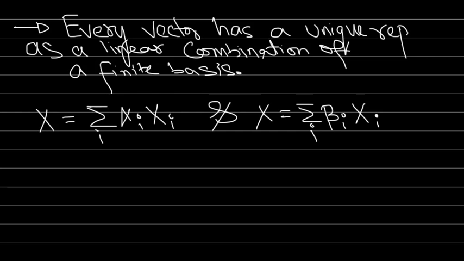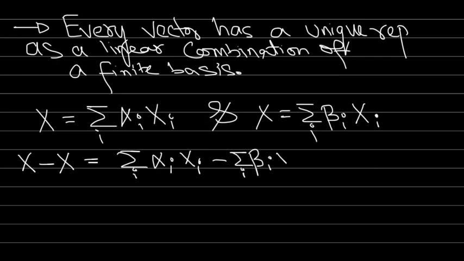In this case, if we do x minus x, if we add the inverse of x to x, what we get is summation i alpha i xi minus summation i beta i xi.